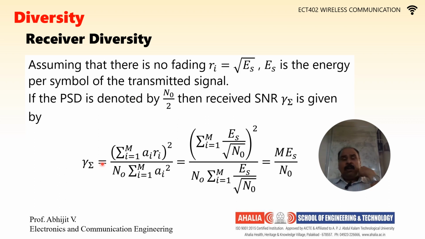And as usual, for all the previous derivations we have done, the power spectral density is denoted by N0 by 2. In that case, the received signal to noise ratio gamma sigma will be given by gamma sigma is equal to the sum over i equals 1 to M of AI Ri whole square by N0 into the sum over i equals 1 to M of AI square.